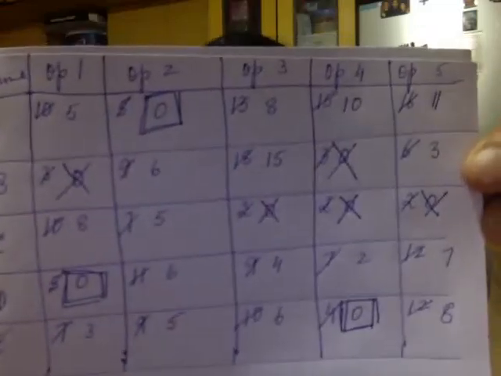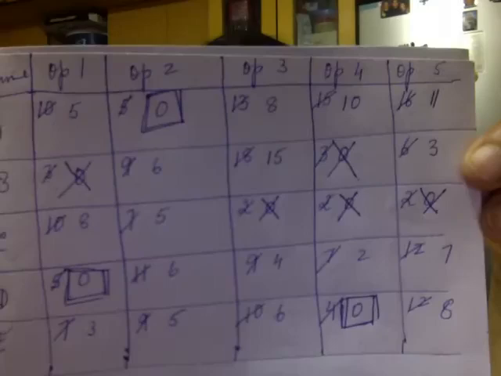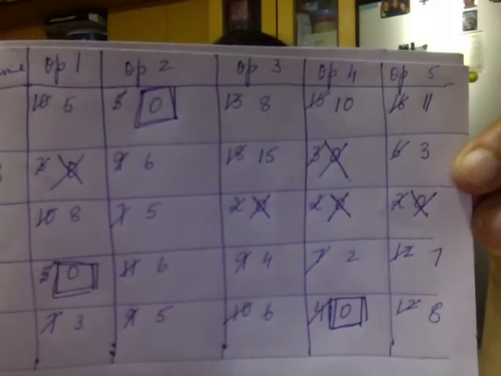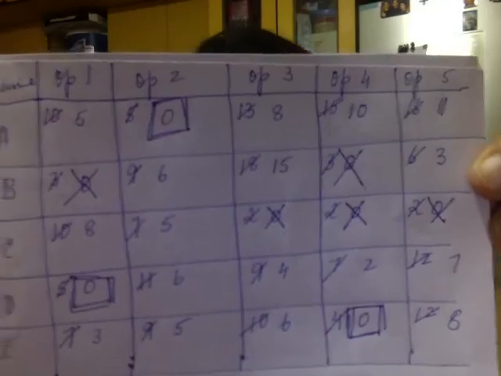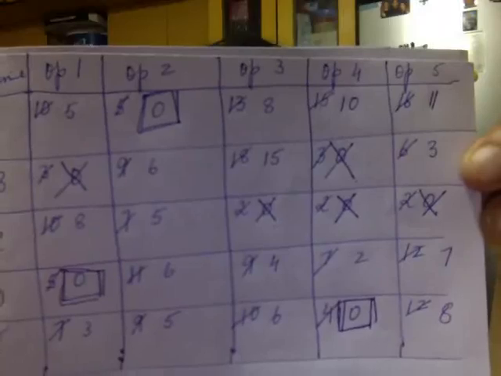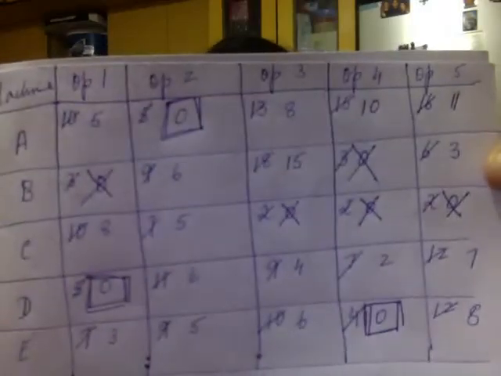Now, look at the second row. You have two zeros, so we don't know where to allocate, so just put a very big cross. You have got a cross for the B row on 1 and 4.